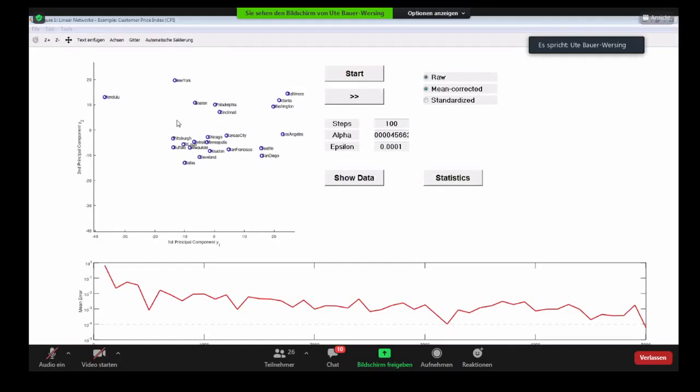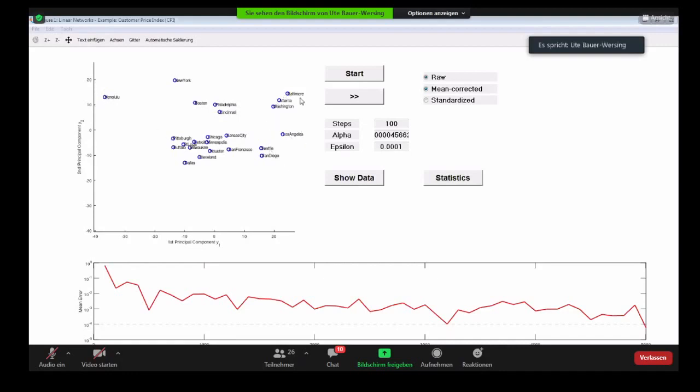And what you can see is, if you look along this axis, you see that Honolulu, which is located on Hawaii, that's a very specific city, right? That has a price index that's quite different from the rest.